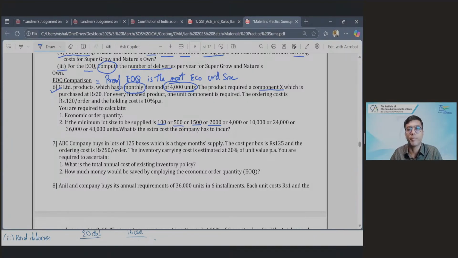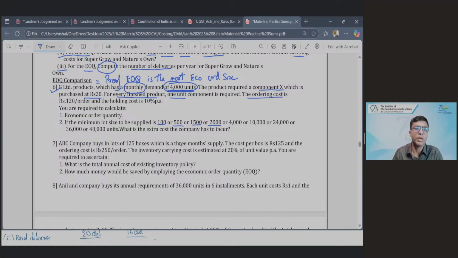Further, they say the product requires a component, that is a raw material called X, which is purchased at rupees 20. Okay, so this is the purchase price. Now, for every finished product, 1 unit of this component is required. So fortunately, whatever is the quantity of your product, the same will be the quantity of your material.